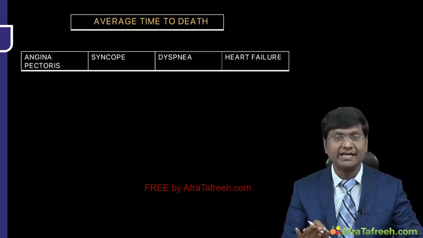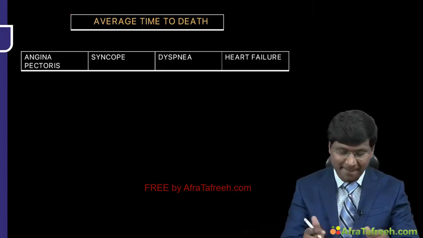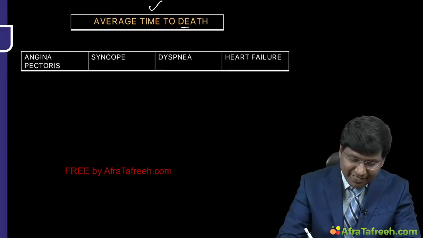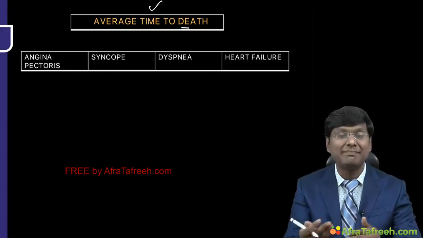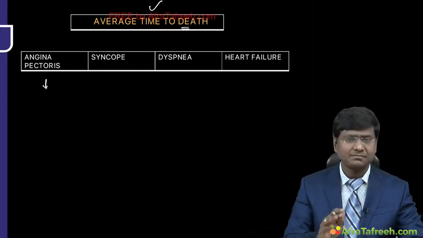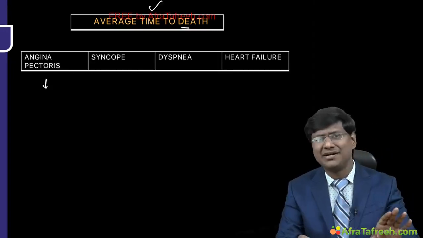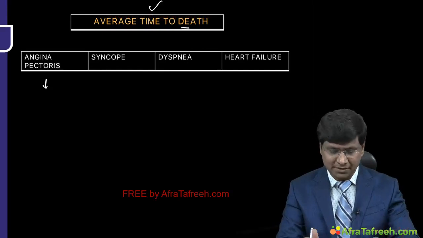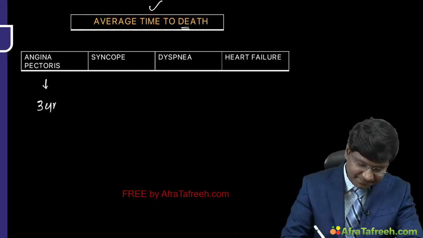Now, if the individual has not undergone surgical intervention, what is the average time to death after the development of symptoms? For example, if the individual has developed angina pectoris and did not undergo any intervention, the average time to death will be 3 years.